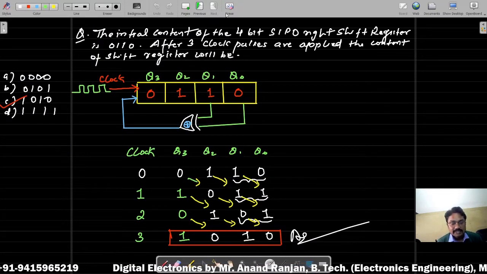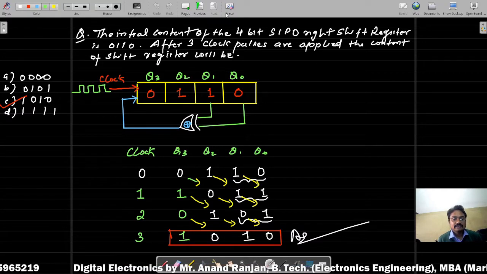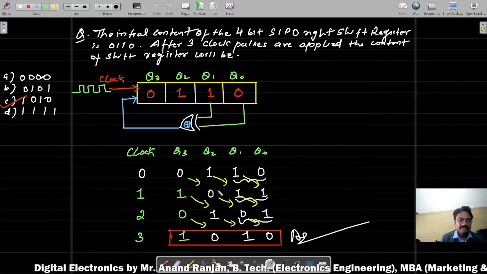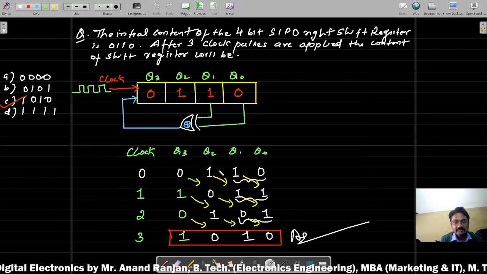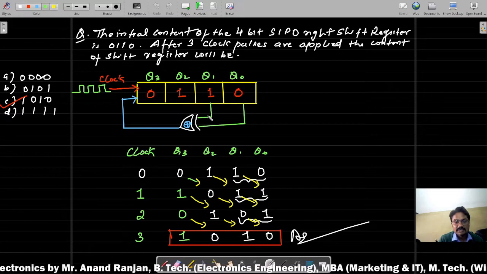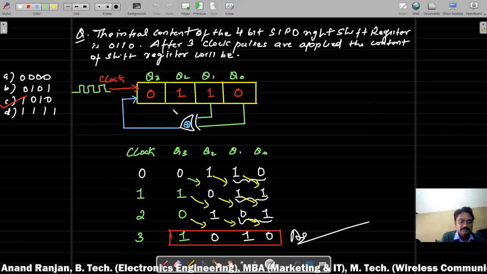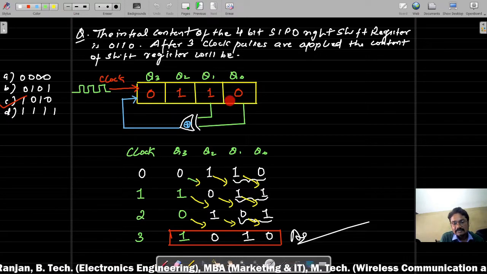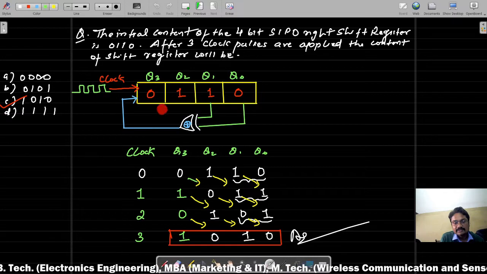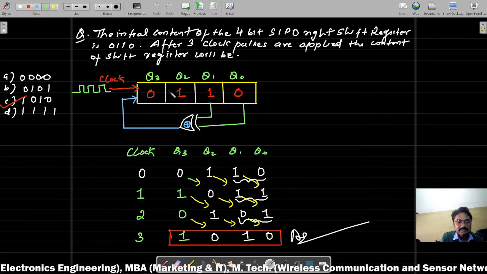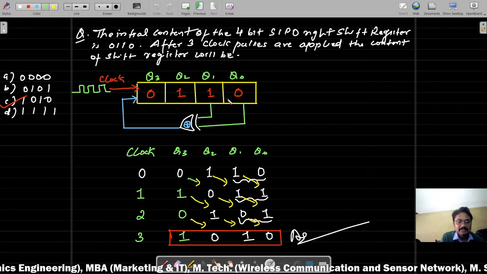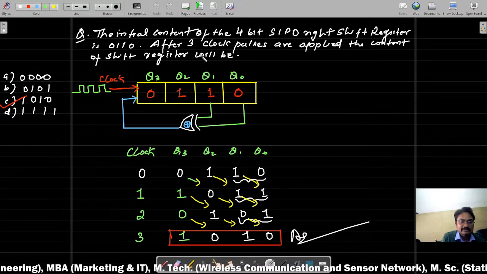Now, let's try to understand one example of the shift register and how it updates its content. Some external logic has been applied to the output of these flip-flops. Data is already given to you in a 4-bit register, and you are asked what happens at the 4th clock, or 5th clock, or 6th clock.